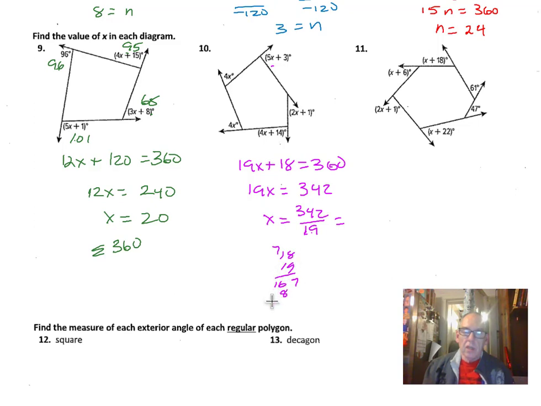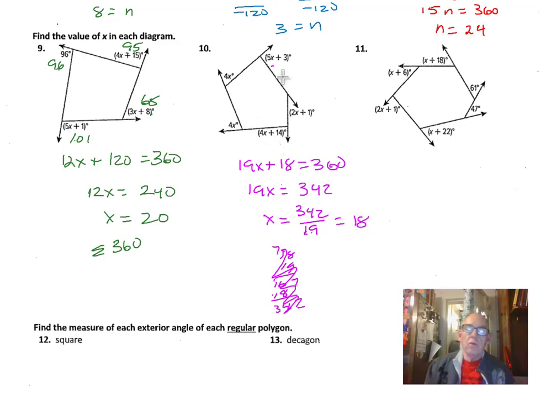Got an 8 and a 1. 7, 4. Carry the 1, 342. That is 342. So this does go 18 times. So x is 18 for that one.